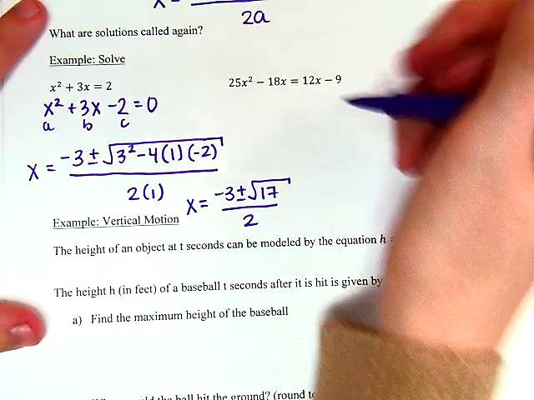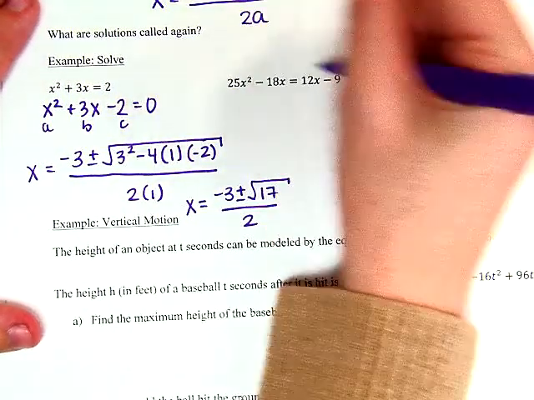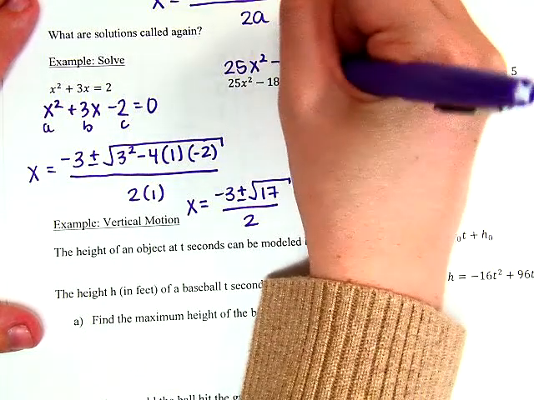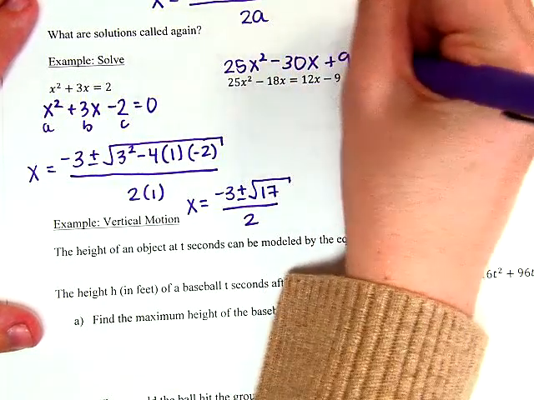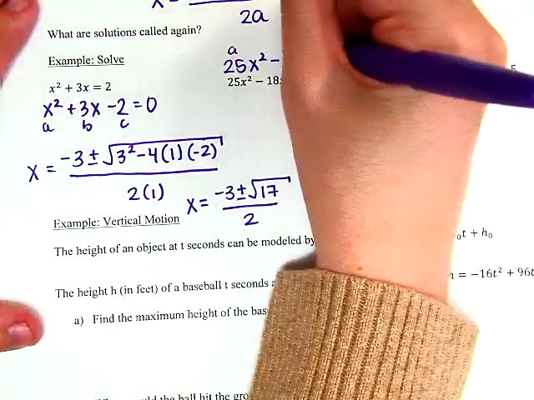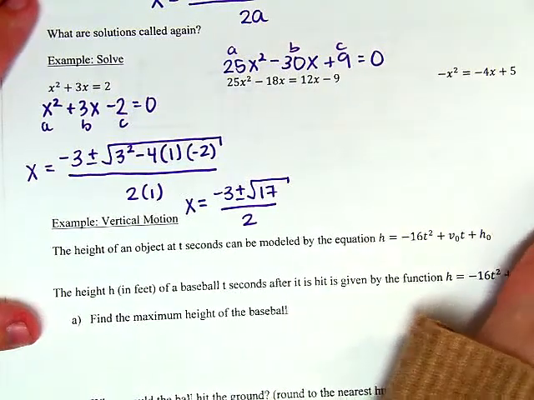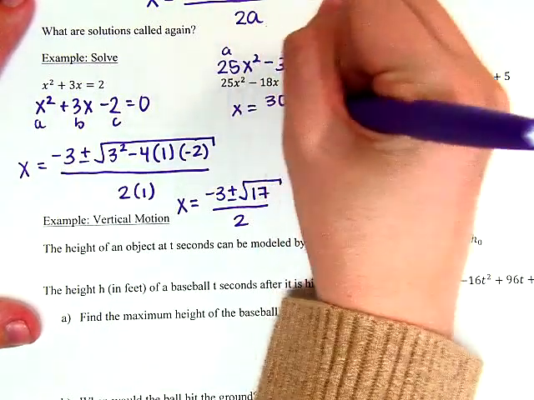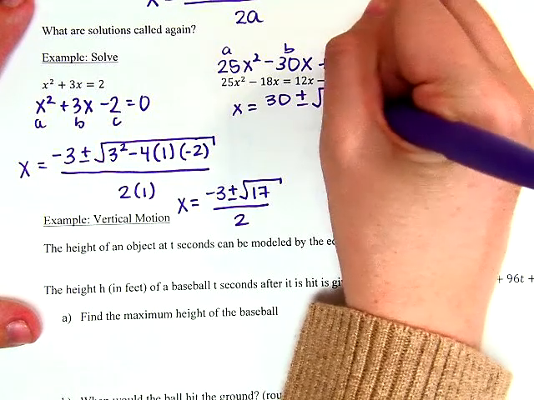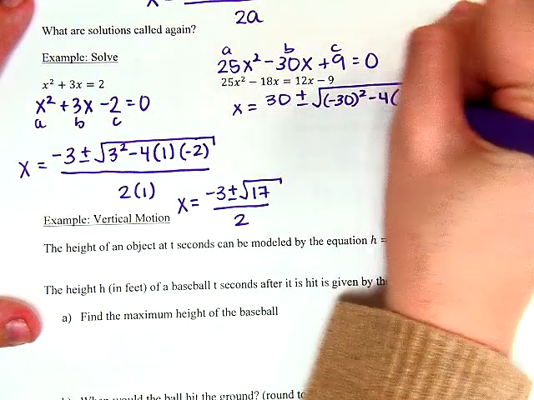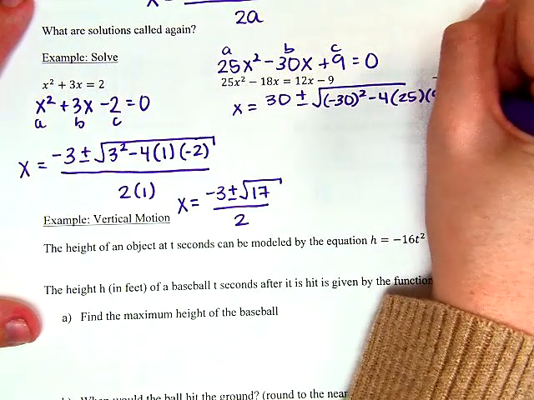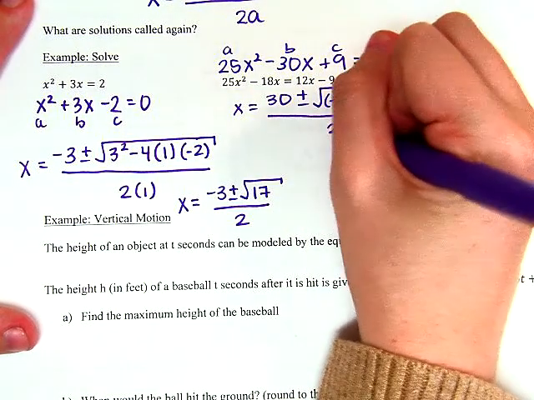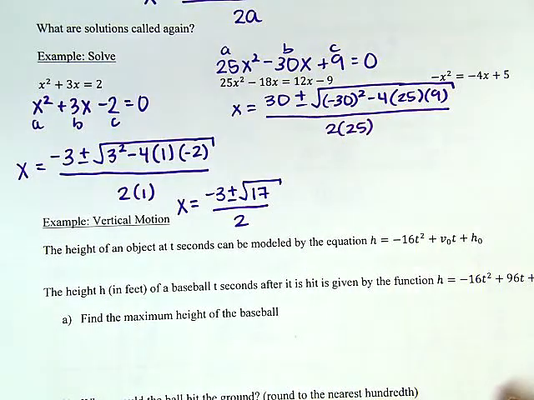Second one, I want to solve for, get it equal to 0 first. So I got 25x squared minus 30x plus 9 equals 0. So I have my a, my b, and my c value. So that when I plug it into my equation, -b plus or minus the square root of 30 squared minus 4 times 25 times 9, that's a long one, all over 2 times a, which is 25.